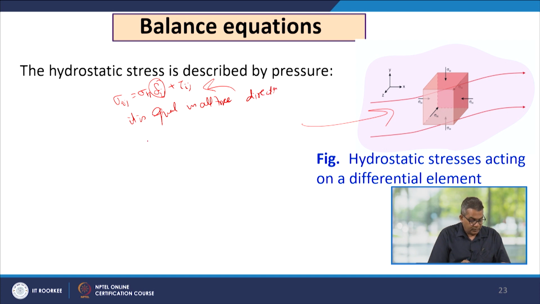Hence, we can write sigma h is equal to minus p, where p is the pressure.